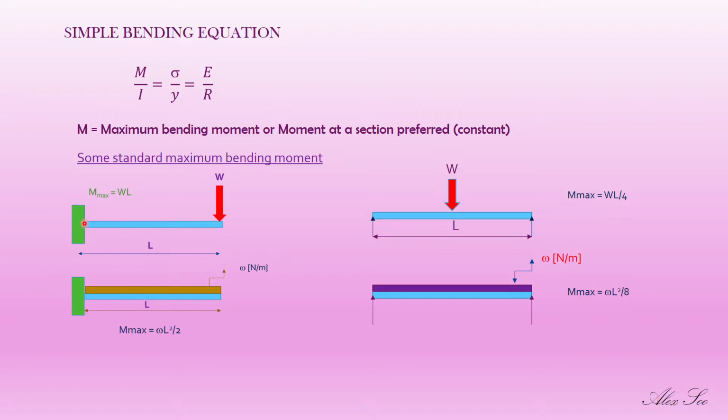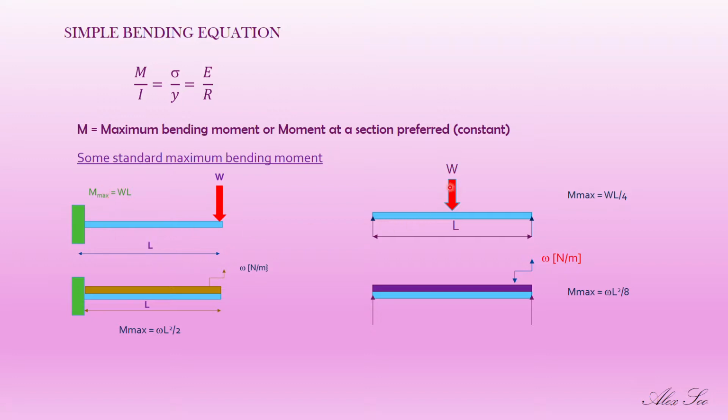So the moment is force times perpendicular length, that is W times L. I remind you once more, the unit for moment: W is the load or force in Newton and length in meter, so the unit must be Newton meter, kilonewton meter, and so on. So this is a cantilever.